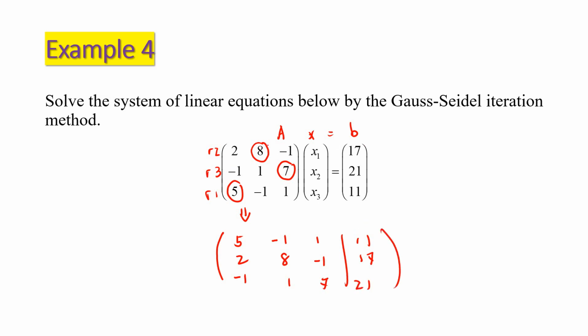We keep b together because they are actually the whole row. So make sure the first step is to swap rows so that it becomes diagonally dominant. If the matrix is not diagonally dominant, you are wasting your time doing the table for the Gauss-Seidel iteration method, because you won't get a converged solution.